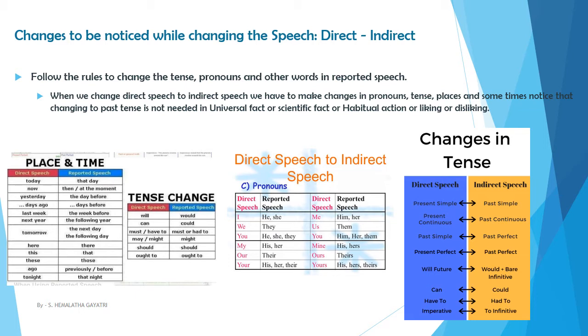Present perfect will become past perfect, will plus future whatever it is will become would and bare infinitive, can will become could, have to will become had to, an imperative sentence, any statement will become to infinitive, then to plus the verb will be added there, of course.